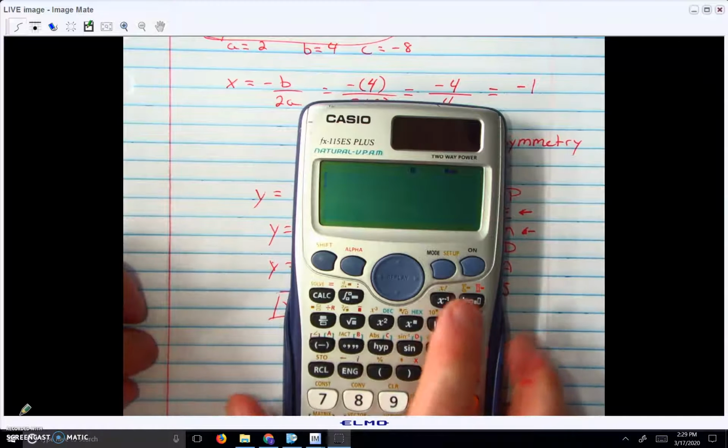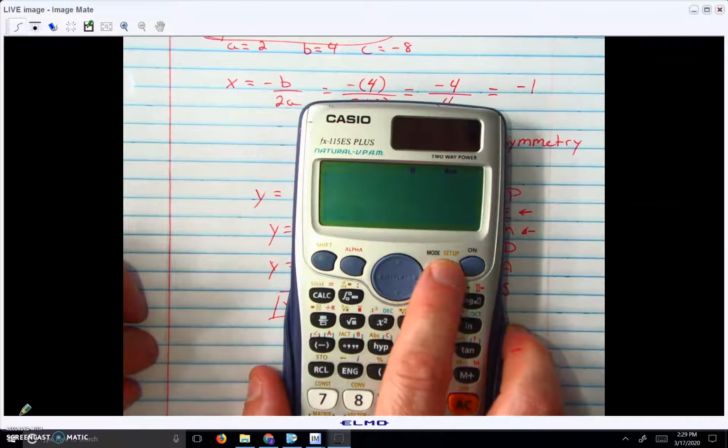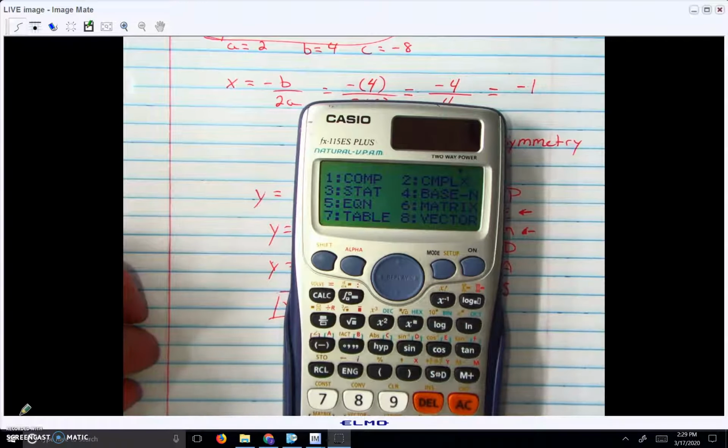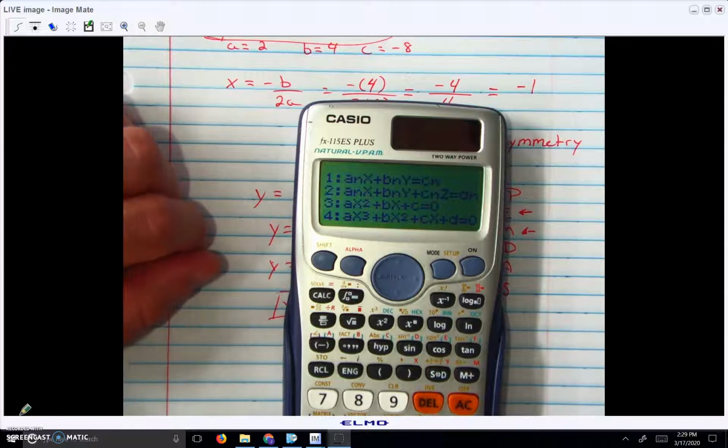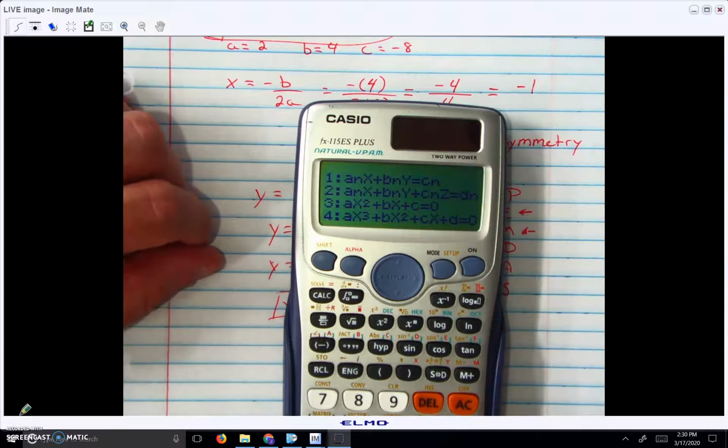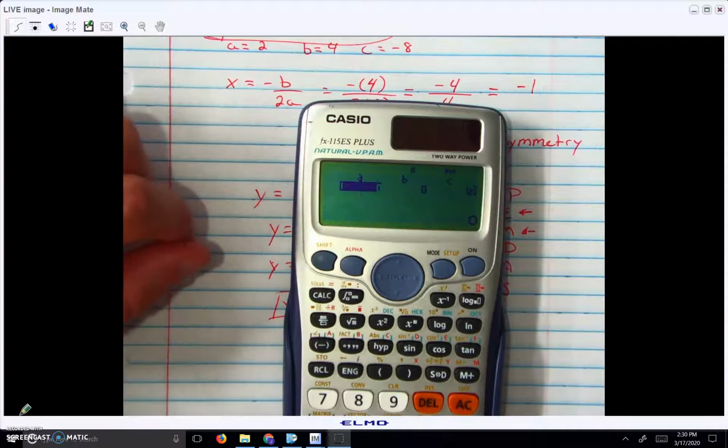So if I follow the same steps, if I hit mode, and then remember under mode, number 5 says EQN, which stands for equation. So I hit 5. I look at the third equation down. It says ax squared plus bx plus c equals 0. That's my standard form of a quadratic. So I'm going to hit 3.